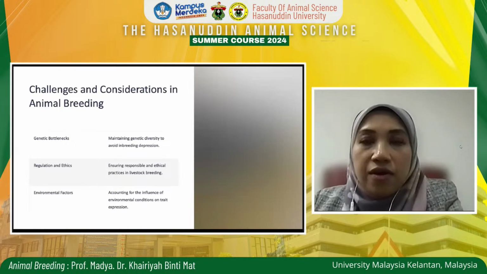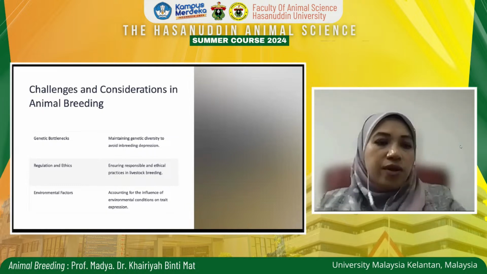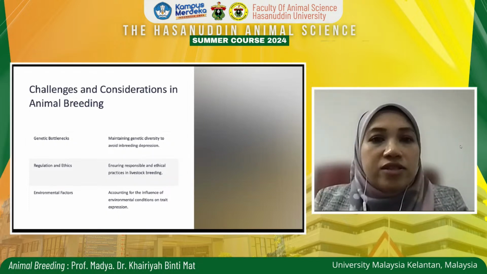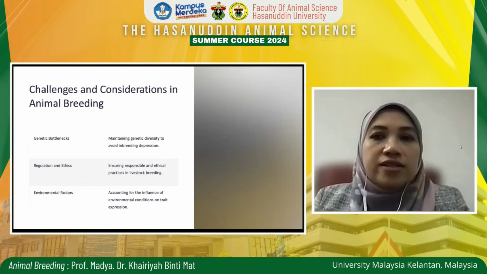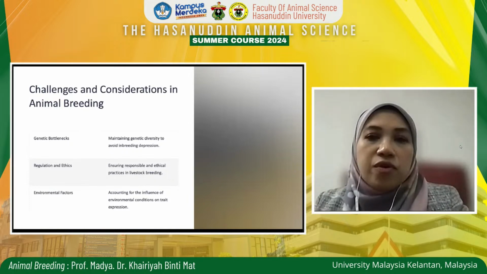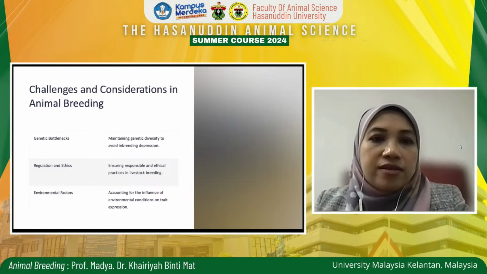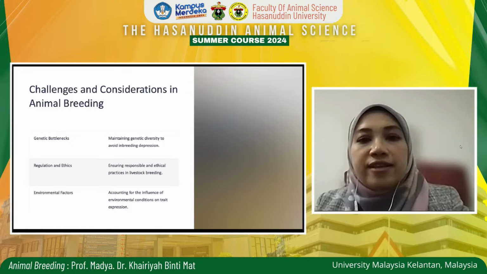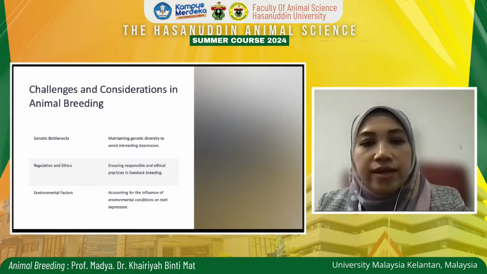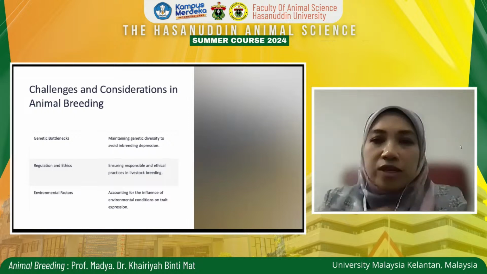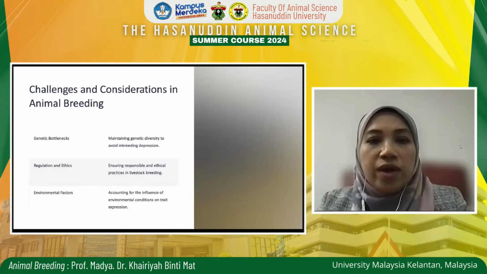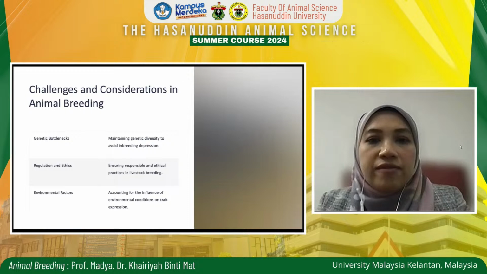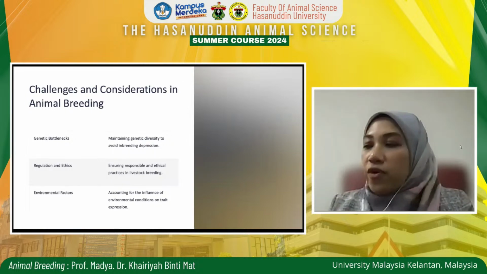Right. So, however, when we talk about animal breeding, of course, there are some challenges and considerations, some things that we need to consider before we conduct animal breeding. One of them is the genetic bottleneck, where we need to maintain genetic diversity to avoid inbreeding depression. That's why the record is very important. We need to make sure that genetic diversity is maintained. We want to avoid inbreeding.